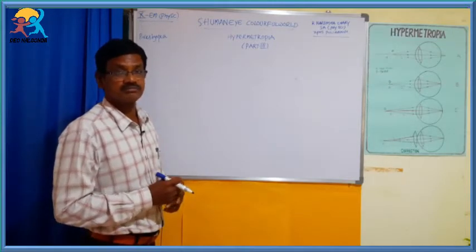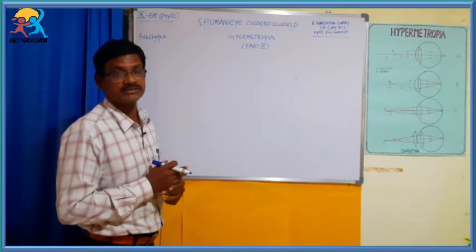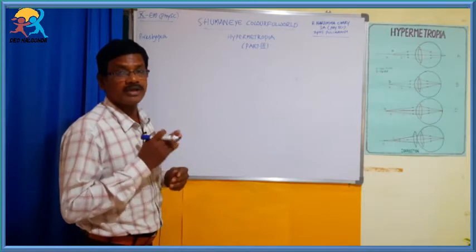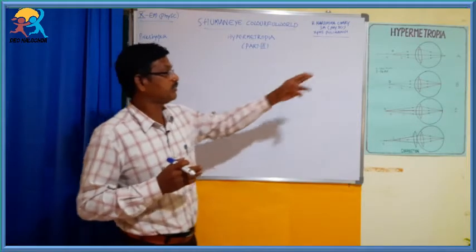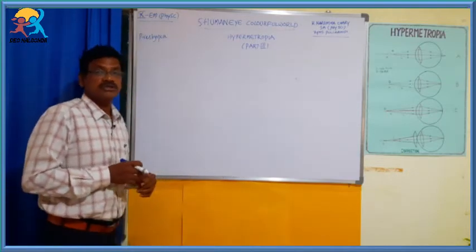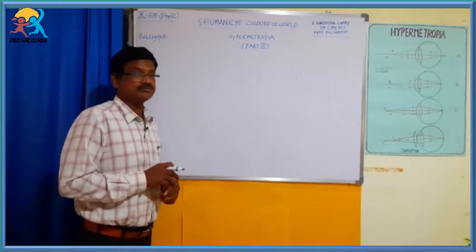That is, hypermetropia is corrected by taking a suitable lens to form the image of an object kept between H and L beyond H, thereby correcting hypermetropia.